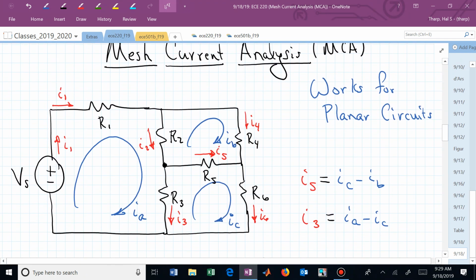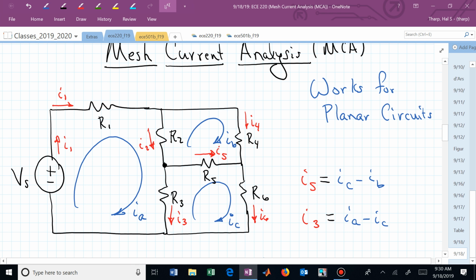That's how we would account for the sources. Now the resistors in the resistor matrix. What resistors touch I sub A? Oh, R1, R2, R3. Boom, their sum goes in the diagonal entry in the matrix. And I sub A is the first element in our unknown vector, so it goes in the 1, 1 entry of our matrix.